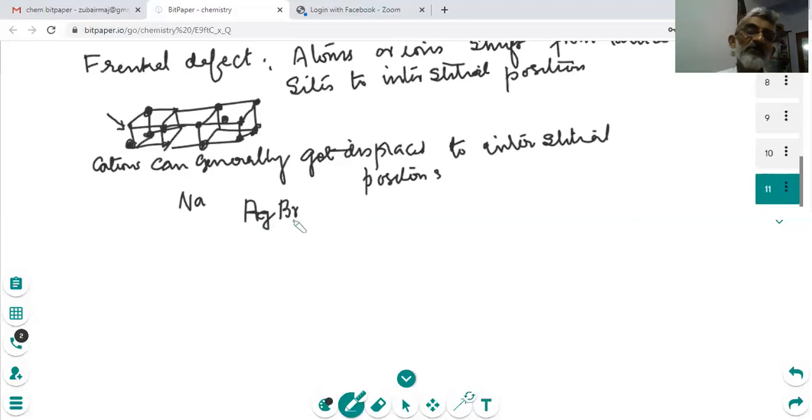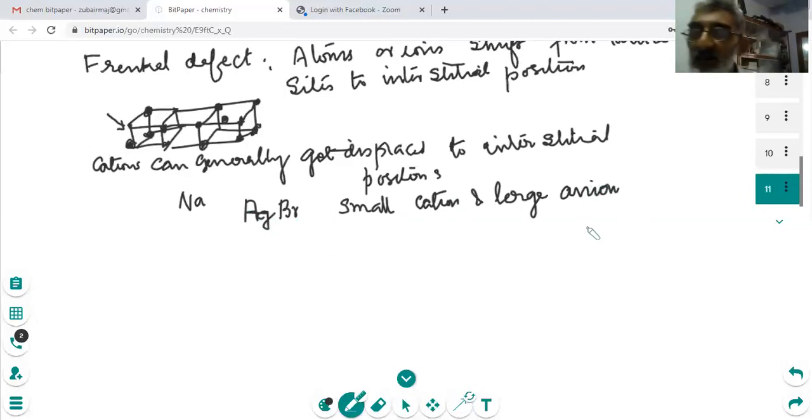Silver compared to bromine is small. It is a small cation and a large anion.